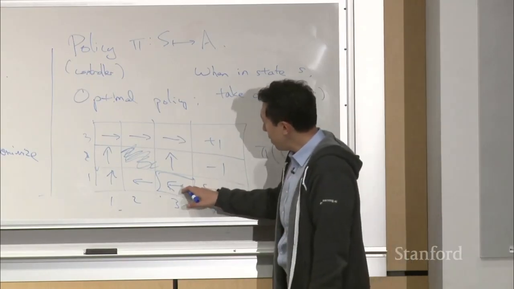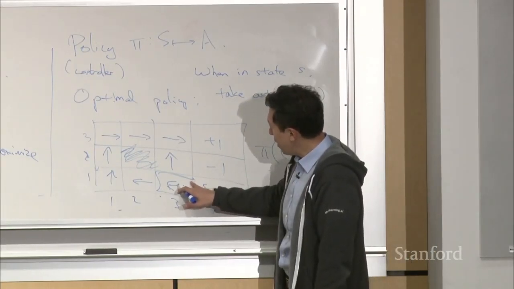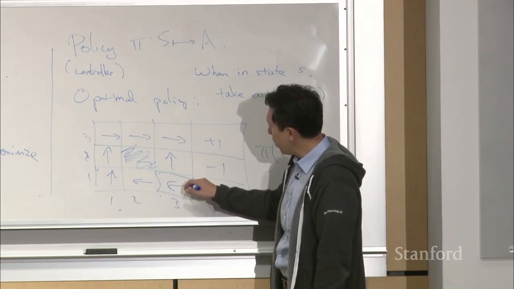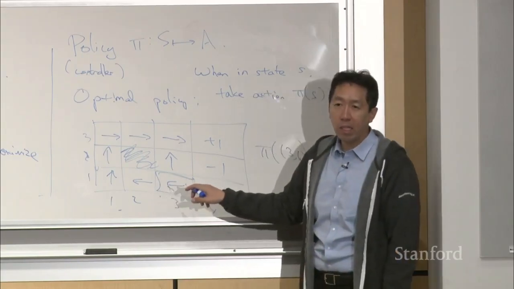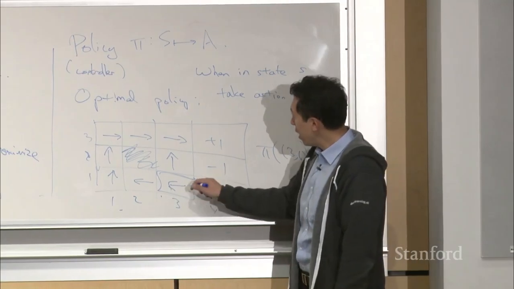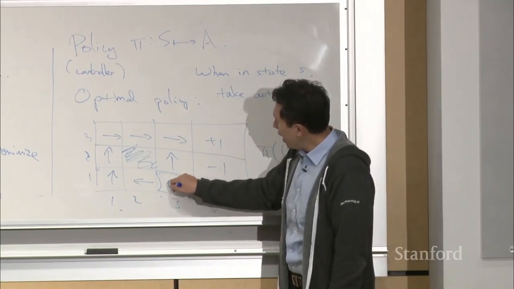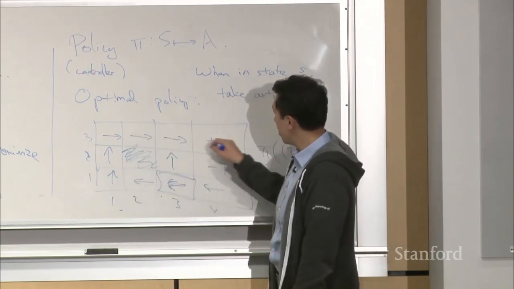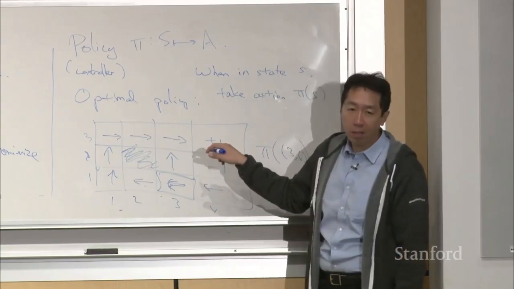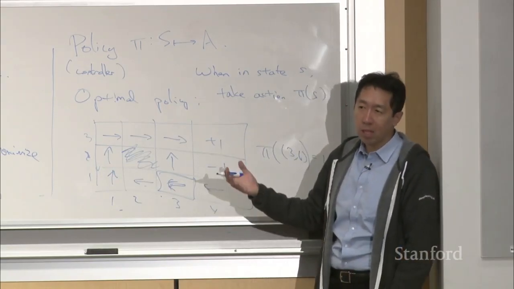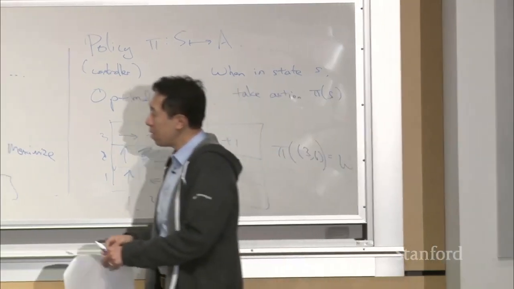It turns out that MDPs are quite good at making fine distinctions. For example, it's not totally obvious whether here you're better off going north or going west. There is a trade-off. If you go west here, then you're going to take a longer route to get to the +1, so the +1 is discounted more heavily, and you're taking these penalties along the way.